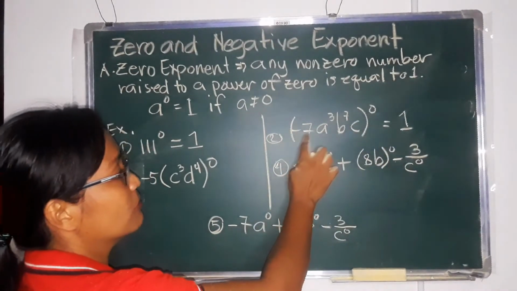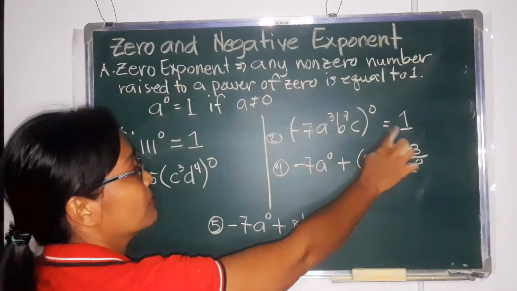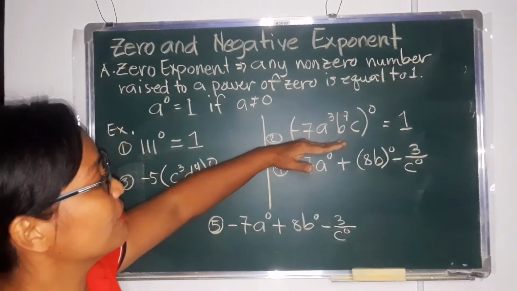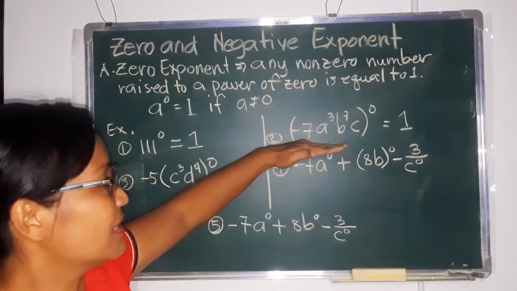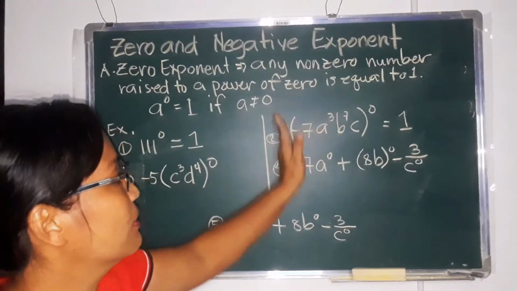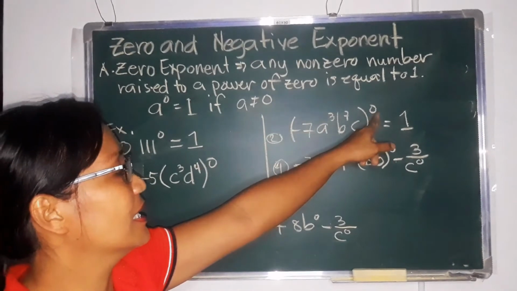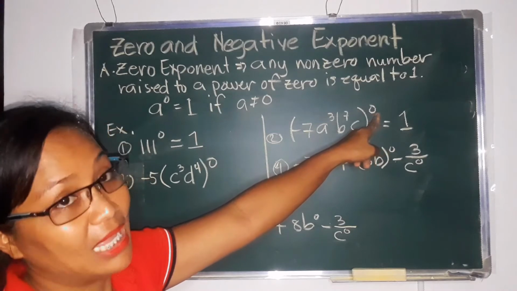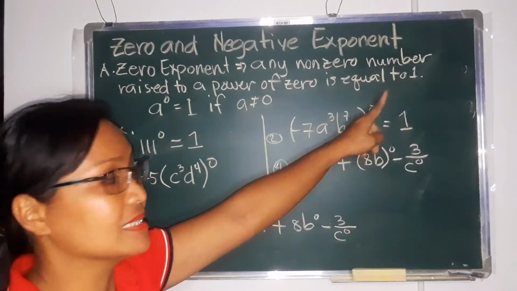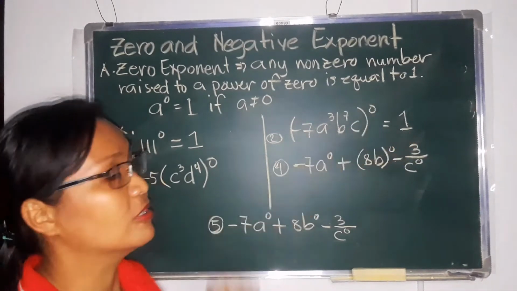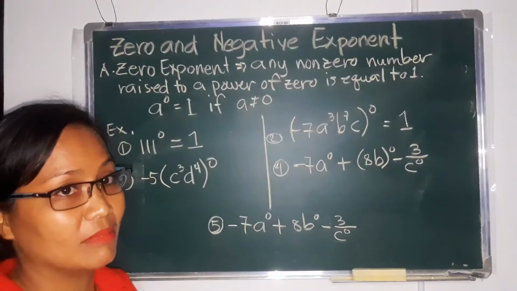So 1 times 1 times 1 times 1 is automatically 1. Therefore, if you see something like this with close and open parentheses and the exponent outside the parenthesis is 0, then the answer is automatically 1.